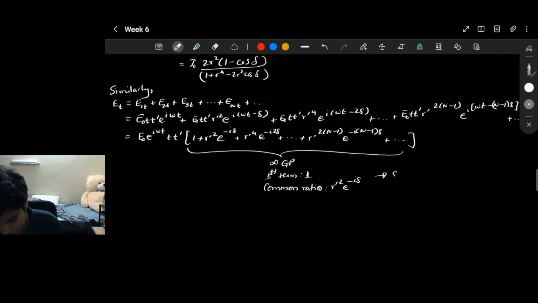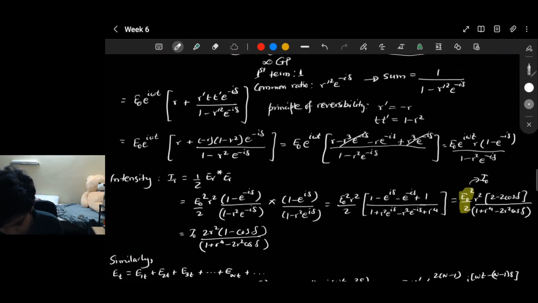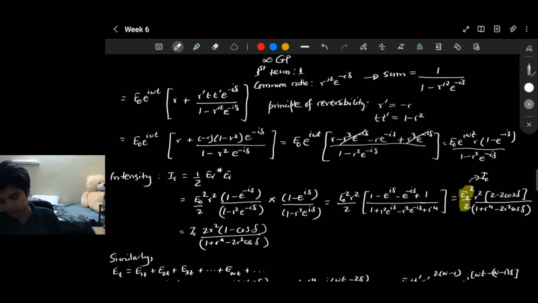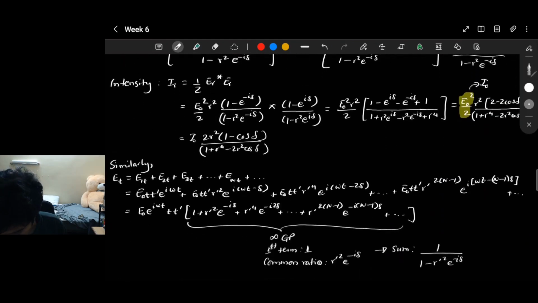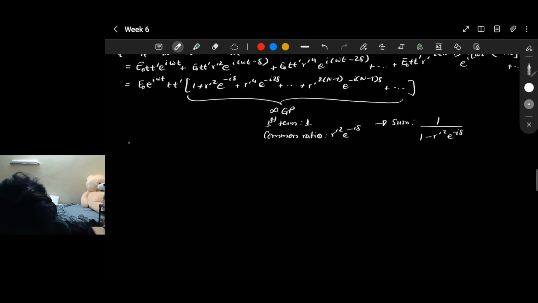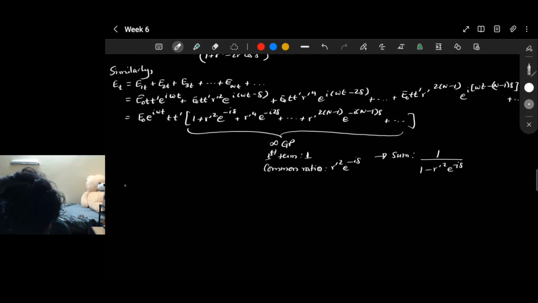So the sum of the infinite GP is the first term, which is 1, divided by 1 minus the common ratio, which is r prime squared e to the power minus i delta. See, the common ratio is the same as the previous case. So this gives me ET equals t prime over 1 minus r prime squared e to the power minus i delta.